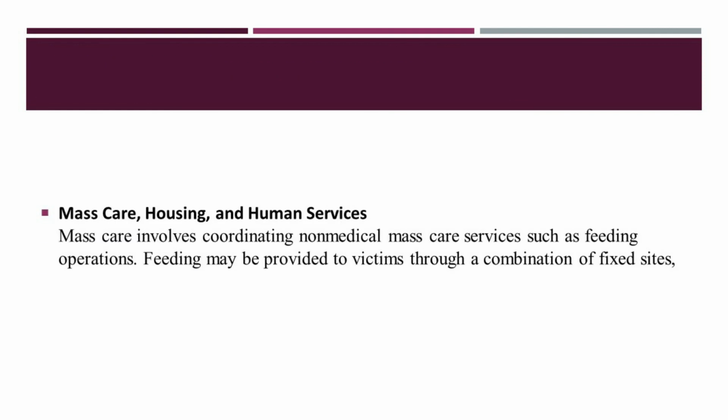The three emergency support function areas in which food and water are most heavily involved include mass care, housing and human services, public health and medical services, and agricultural and natural resources.